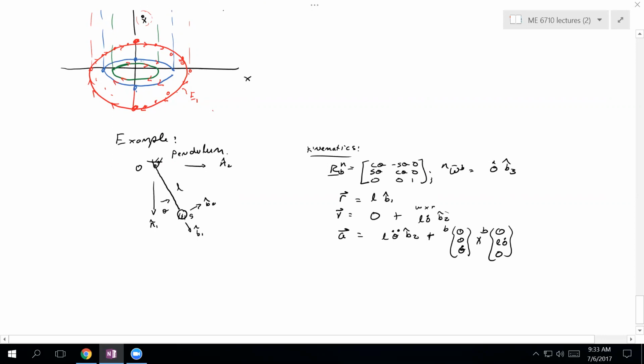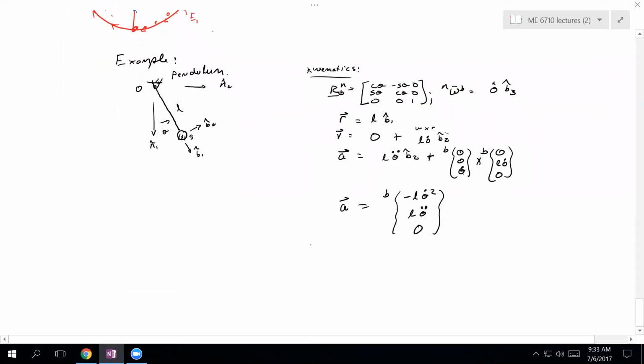It gives me a 3 cross a 2 is -1, so I'll write out the whole term. So it's a negative L theta dot squared. That's the only term I get from the cross product. I add in this term L theta double dot and 0. There's my kinematics. Now I go to my dynamics.